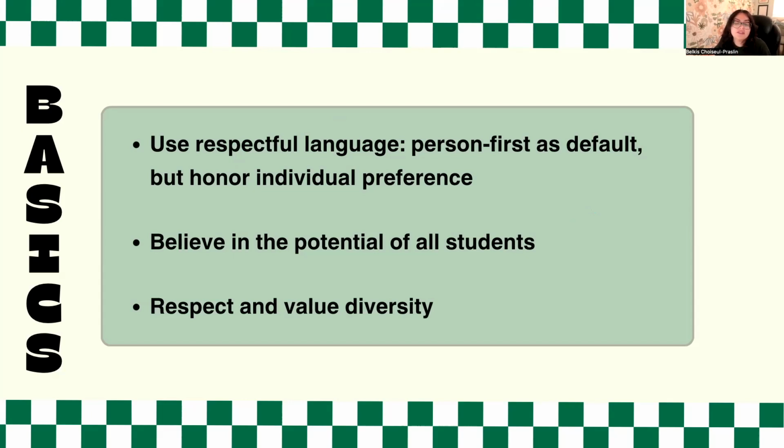So if we're talking about a specific person and how they refer to themselves, then we can certainly follow that. This requires some mental flexibility. You do it a couple of times and it becomes easy to uphold from there on. However, if you haven't really been in this practice or thought about it very much, this is part of what it means to be culturally responsive. This is honoring different cultures and communities, and this would include disability communities that have their own types of cultures or cultural values.